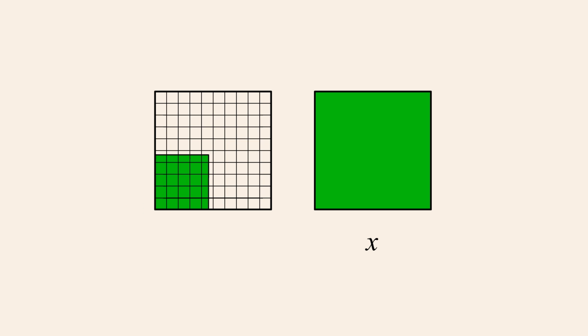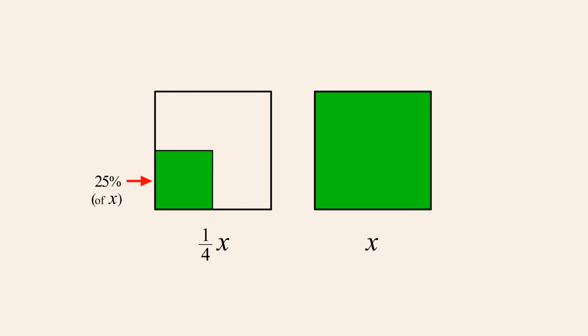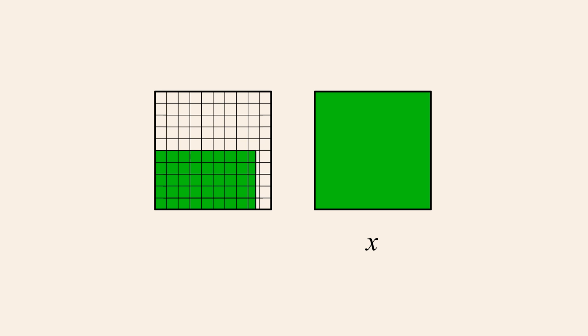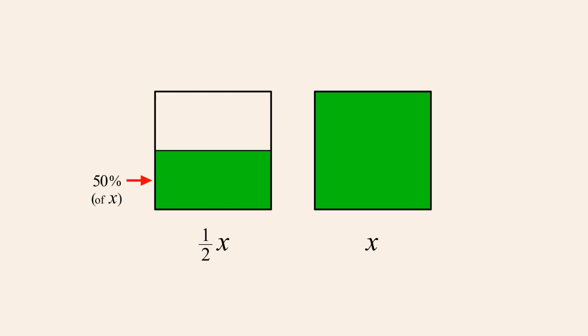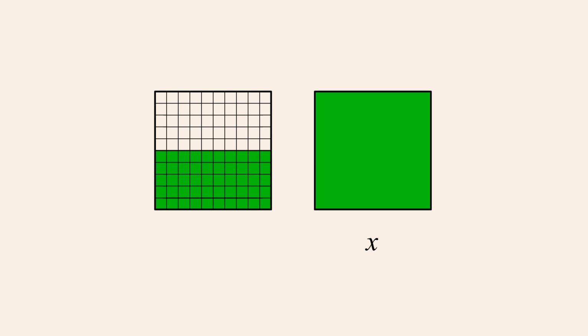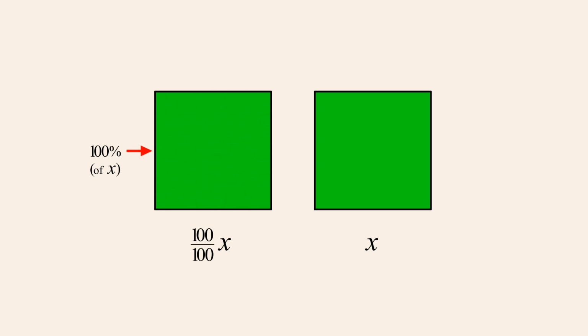Likewise, 25% of x is 25 hundredths, or 1/4 of x. 50% of x is 50 hundredths, or 1/2 of x. And 100% of x is 100 hundredths, or the entire quantity x.